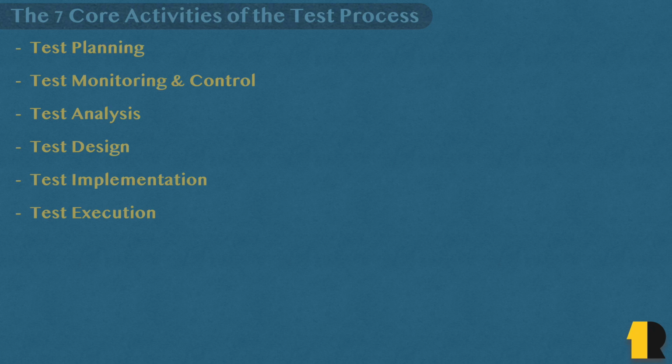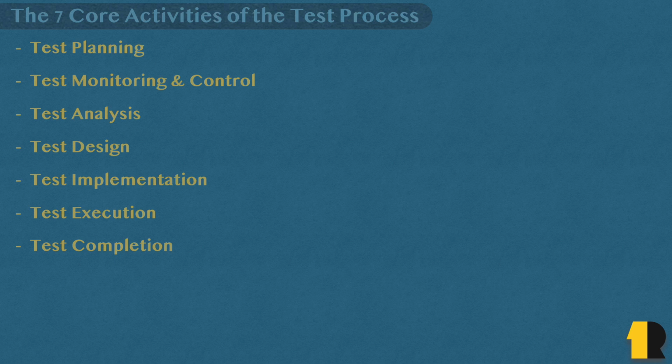Finally, test completion, the wrap-up activity. Here we archive our test artifacts, test cases and reports, evaluate the entire test process, identify lessons learned, and then communicate the closure to stakeholders.